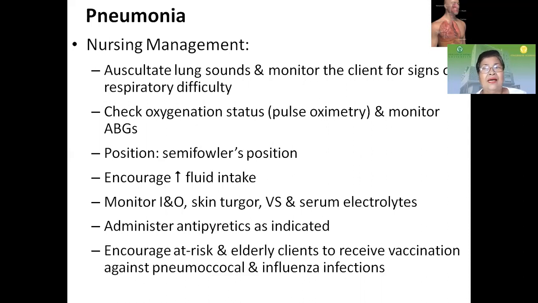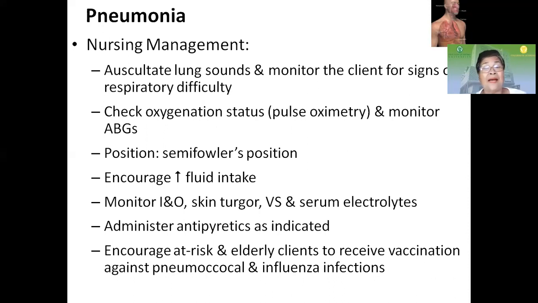And nurse, other than giving antipyretic, we have to do cooling measures like a tepid sponge bath. Encourage at-risk and elderly clients to receive vaccination against pneumococcal and influenza infections. Who are at risk?